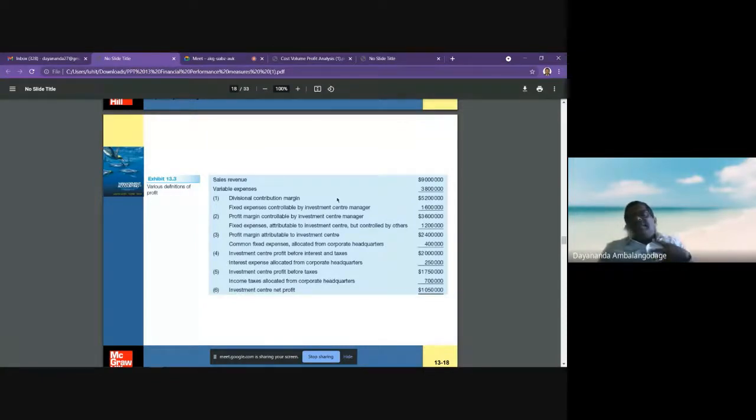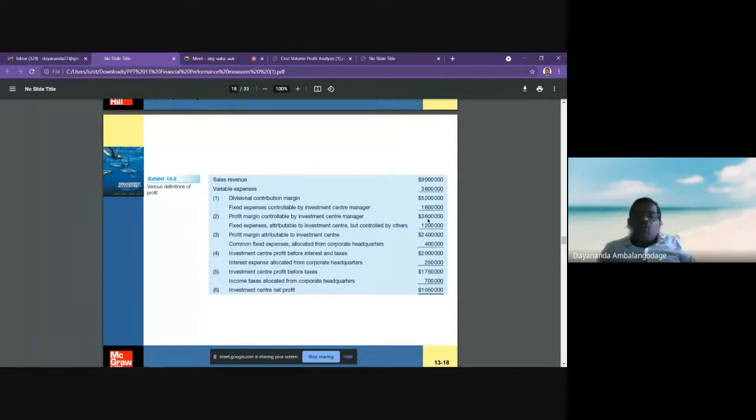So you see what the controllable income and controllable expenses are. I think number 2 is the controllable profit for the manager. If you are evaluating the branch manager, you take this 3.6 million as the profit.